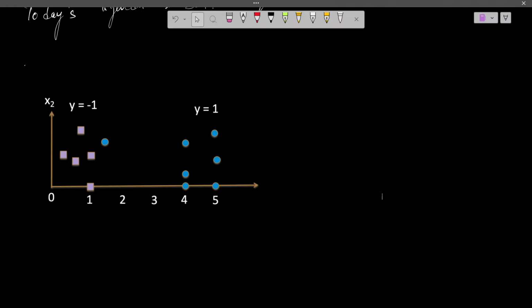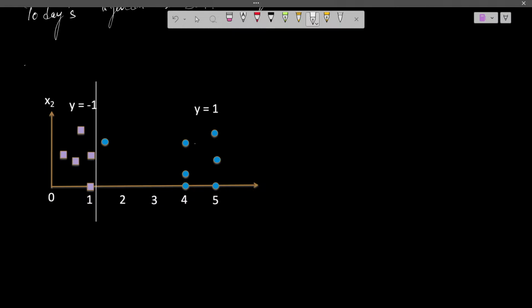Okay, so in this picture, if you consider hard margin SVM, then of course the margin boundary would be something like this. Because in hard margin SVM, the model kind of overfits, right? So every point has to be on the other side of the decision boundary.